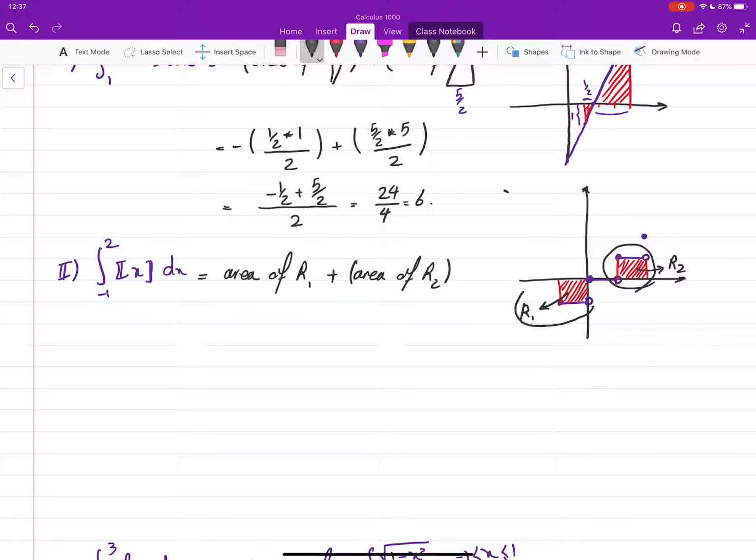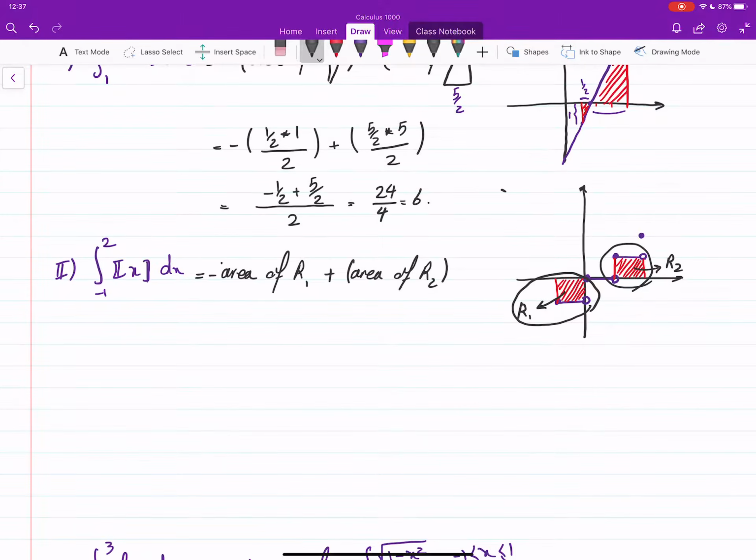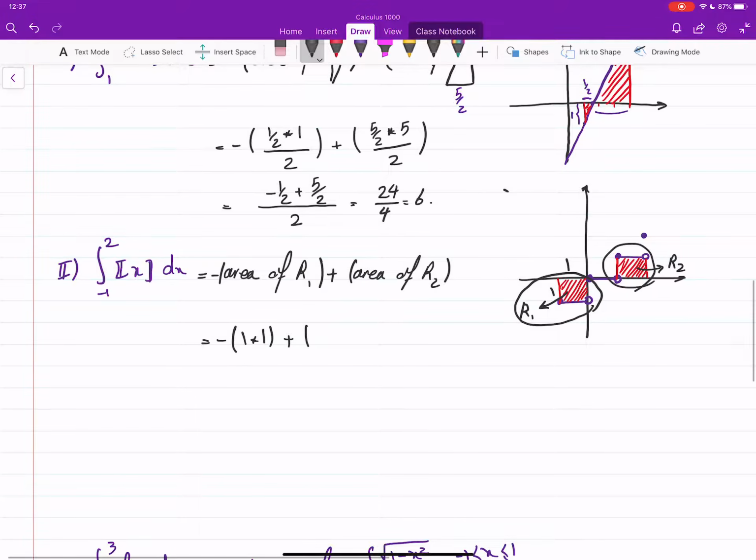R1 is below the x-axis, so we have to subtract that. But what are these? Well, this is just a square, yes? The side of the square is 1, so we have 1 times 1 minus. Area of R2 is again 1 times 1. Both of them are squares, and we get 0 in this case.